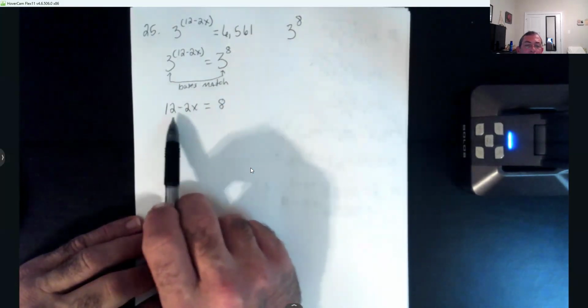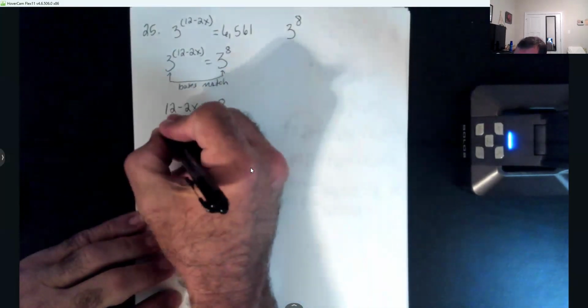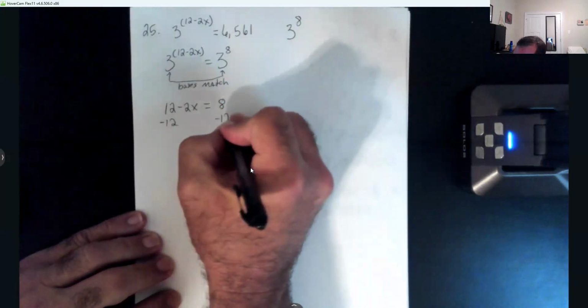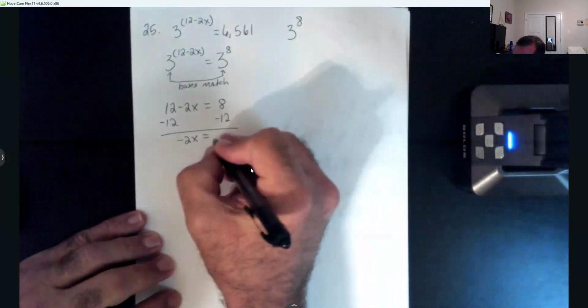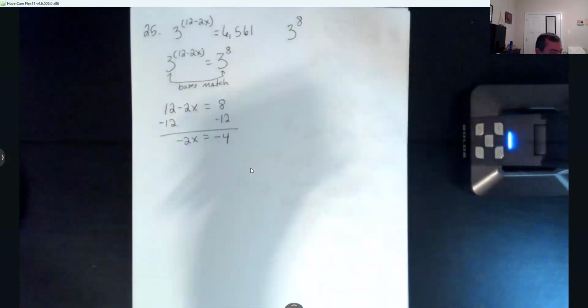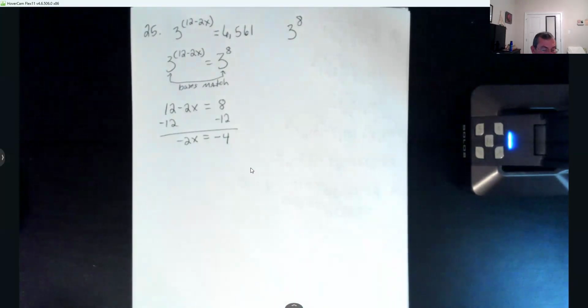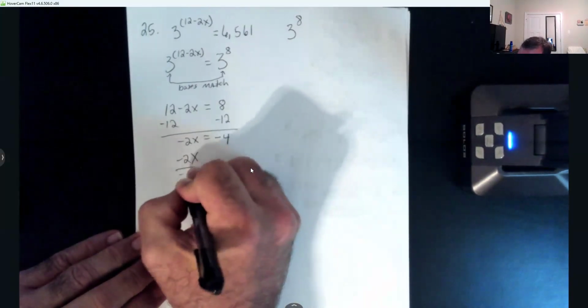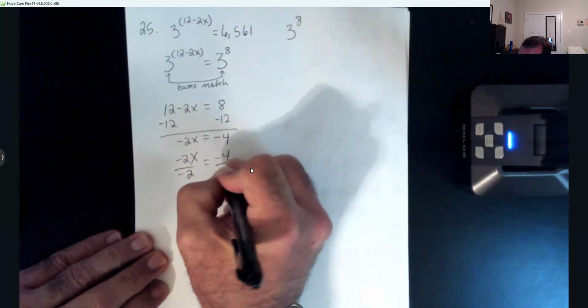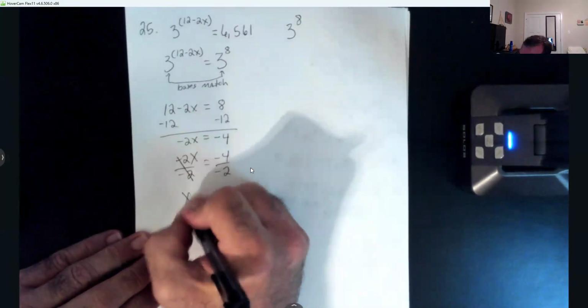All right, y'all, let's solve this. Subtract 12, get the x's by themselves. I get negative 2x equals a negative 4. And then divide by that negative 2. All right, the negative 2's cancel.